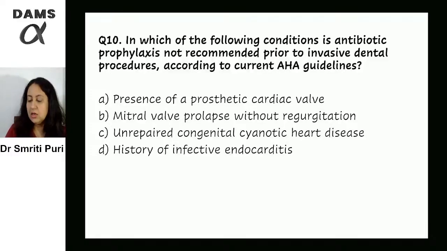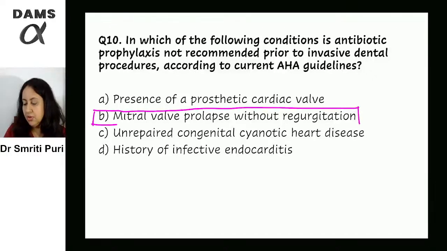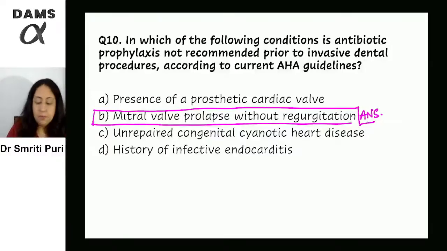Okay, so the answer here is mitral valve prolapse without regurgitation. To clear your doubt, B is the correct answer.